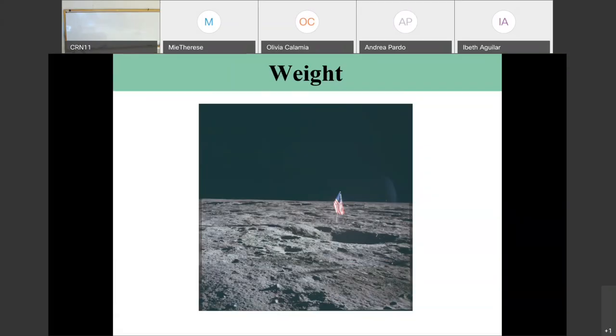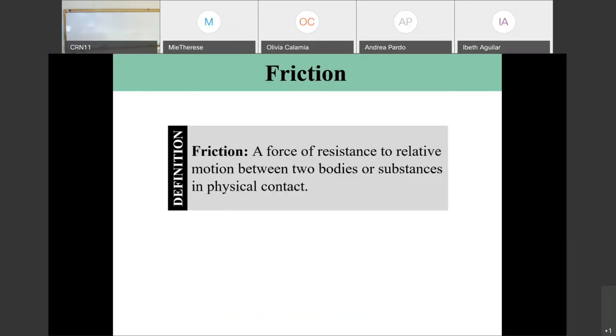So let's remember that the weight of an object depends on two things: the amount of matter, the mass, and the gravitational pull. In this case, the gravity of the planet or moon, or in some cases, the star, right? When you get close to a star, you get a strong gravitational pull because of the enormous gravity, right? And then obviously the idea of black holes, neutron stars, and so on.